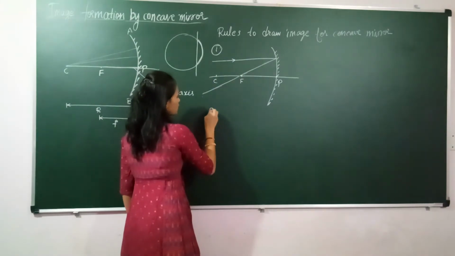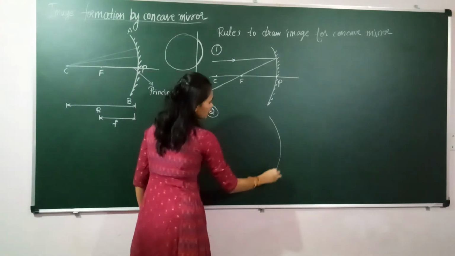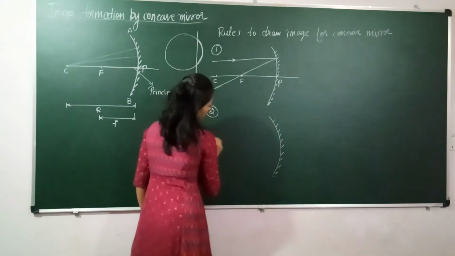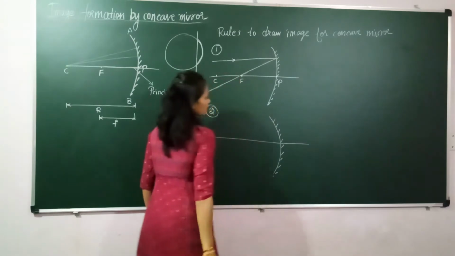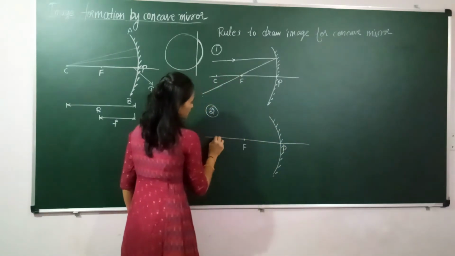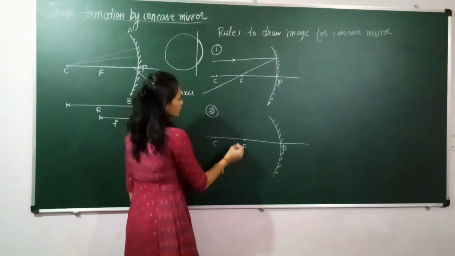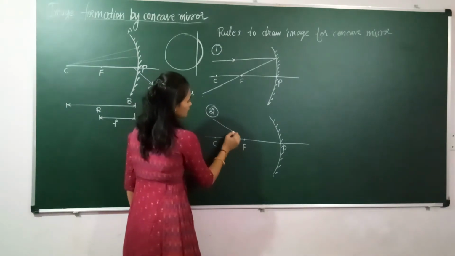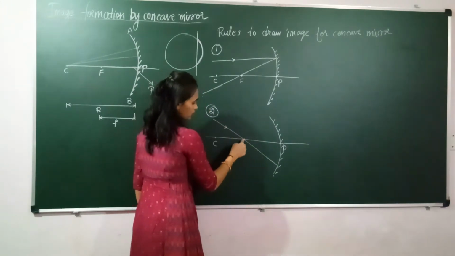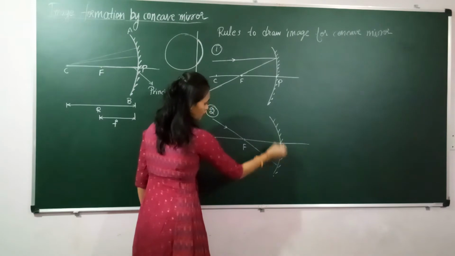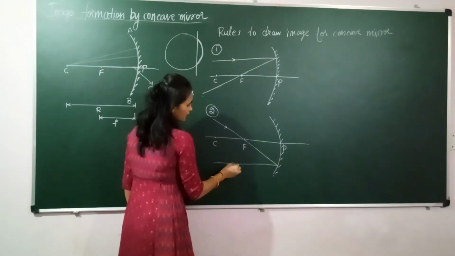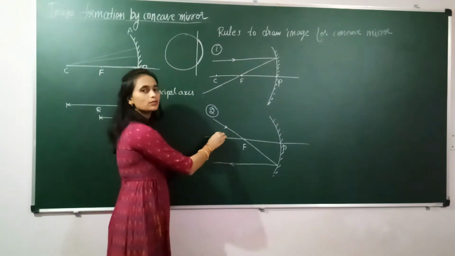Next, the second rule. Again we will take the concave mirror and draw the principal axis. This is our pole, this is our focus point, and this is our center of curvature. Next, if the ray of light is passing through the focus, meaning our incident ray is passing through the focus, after reflecting from this mirror it will return back, and this reflected ray is parallel to the principal axis.